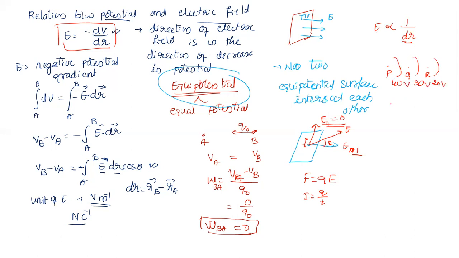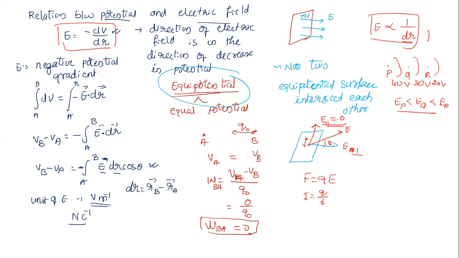Then where is the electric field more? The electric field at P will be less than the electric field at Q, which is less than the electric field at R. This is the thing you need to remember in this case.